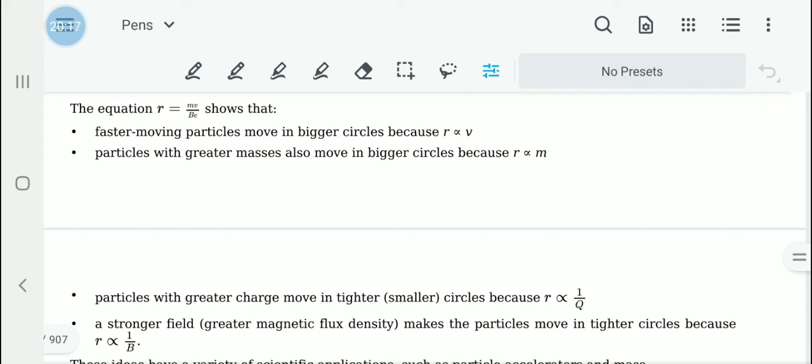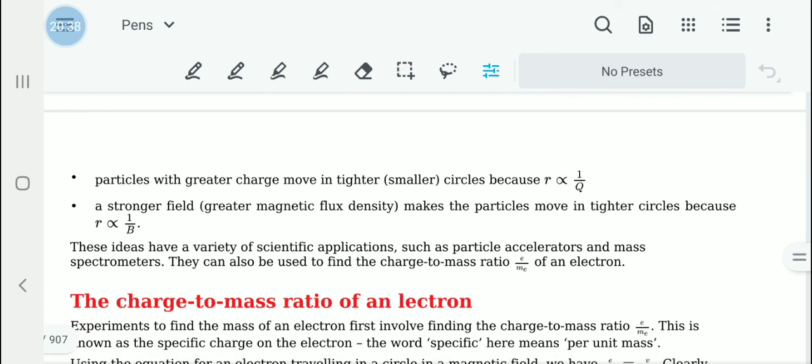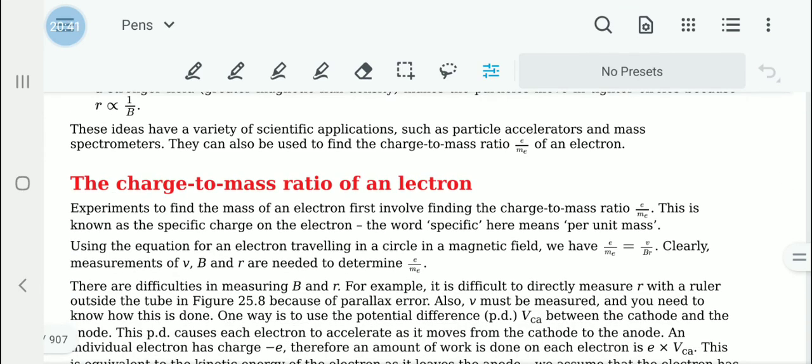If the charge as well as the field strength is higher, the radius would be lower because they have an inverse relationship. I hope you understood. We will discuss the charge to mass ratio of an electron in the next video.